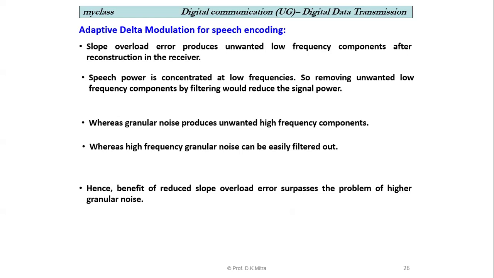So what we find, although there is a plus minus effect between the granular noise and slope overload error, over and above, if you consider both of them together, adaptive delta modulation is definitely a more useful and more successful technique, I should say, because it reduces the slope overload error. This is adaptive delta modulation, right?